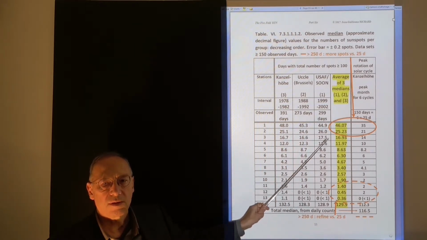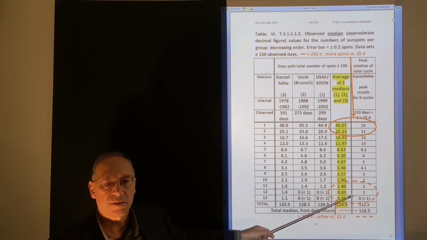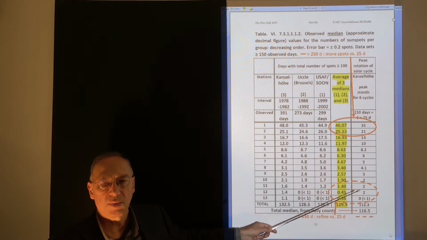So here we get more spots, and the other difference compared with a single peak rotation is that for the very small groups we get more detailed.